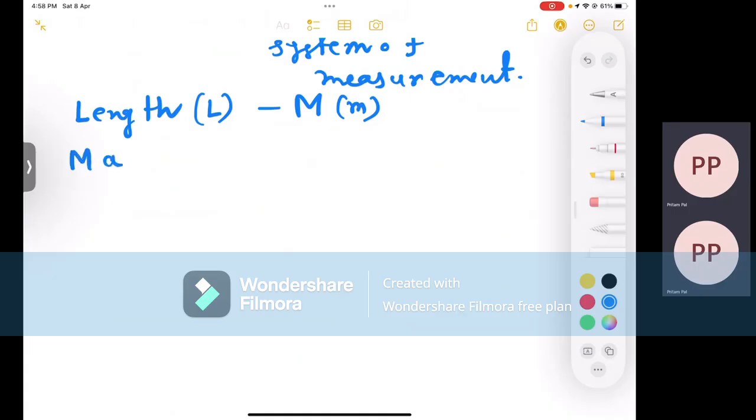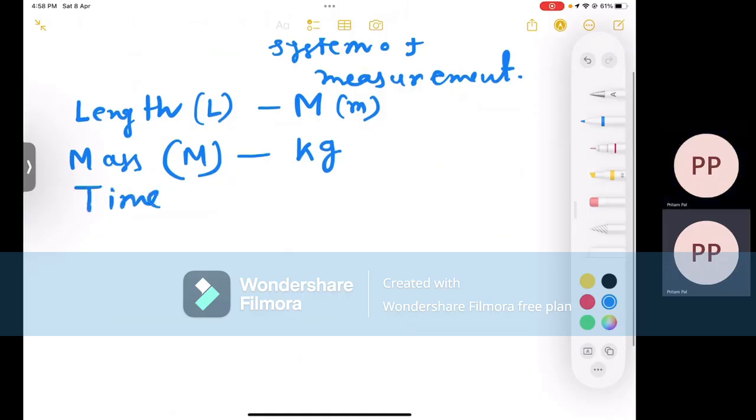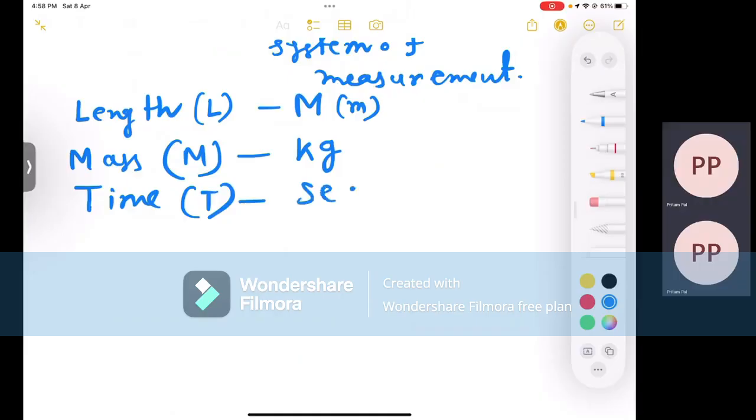Then the mass comes. Earlier, in our time also, it was MLT, right? The unit of mass is kg, and time, the unit is the second.